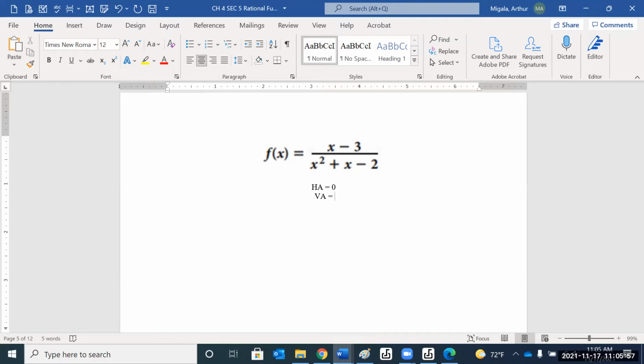The vertical asymptote: we have to take our denominator and factor it out, which gives us x plus 2, x minus 1.